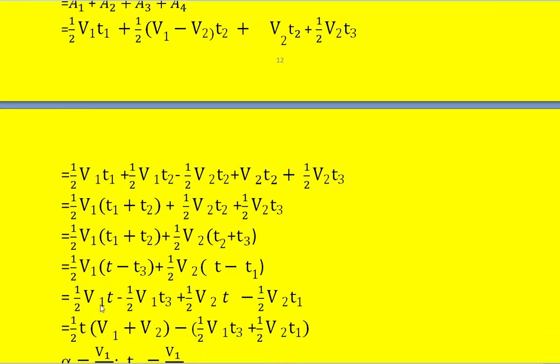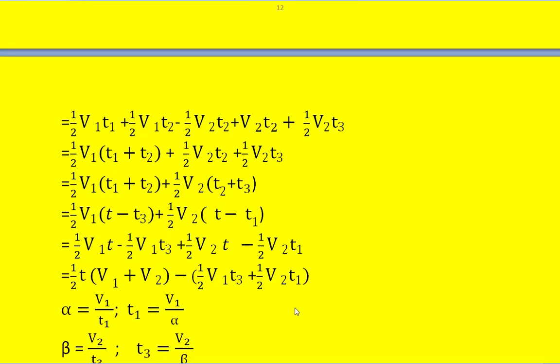Next, if we further simplify, we get half V1 into T minus half V1 T3 plus half V2 T minus half V2 T1. And we further simplify it, then we get half T into V1 plus V2 minus half V1 T3 plus half V2 T1.